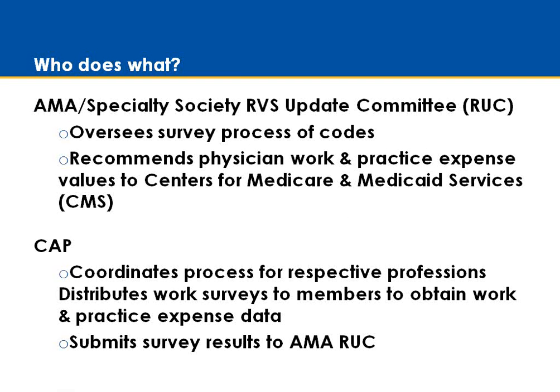Okay, the RUC oversees the survey process of the codes. And what do we mean by survey process? The professional component and the technical component are valued by completely different processes. One does not have anything to do with the other except for that minor allocation of indirect costs, which we talked about.